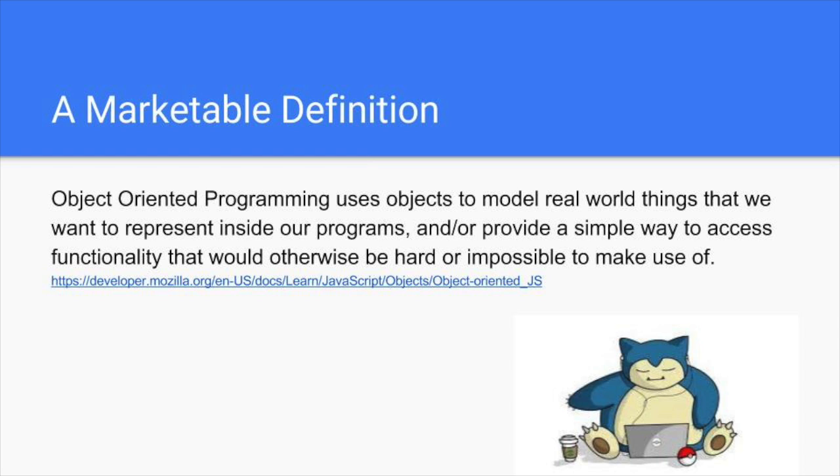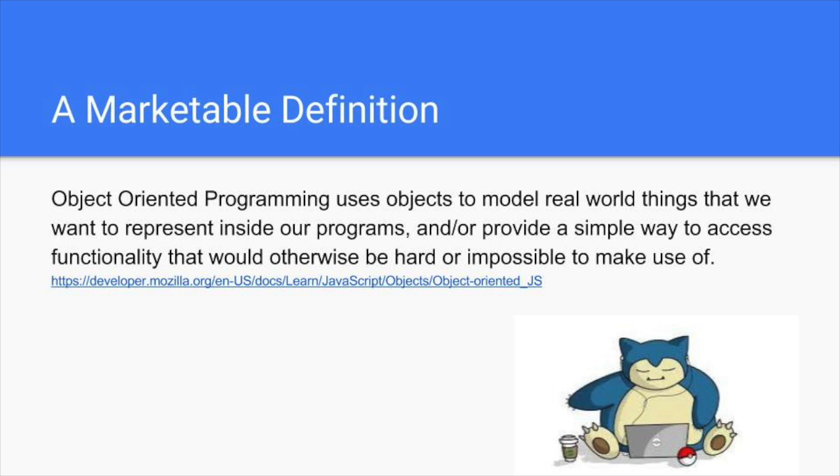Okay, so now that we understand objects, we can discuss object-oriented programming. The marketing definition of OOP, and the one provided by MDN, is: object-oriented programming uses objects to model real-world things that we want to represent inside our programs and/or provide a simple way to access functionality that would otherwise be hard or impossible to make use of.